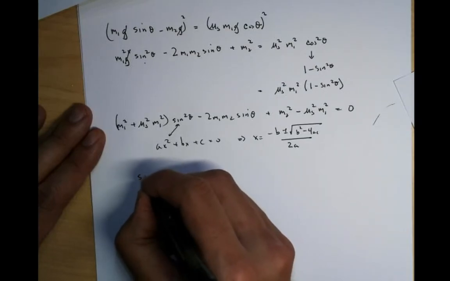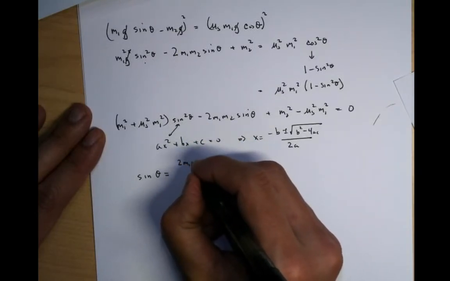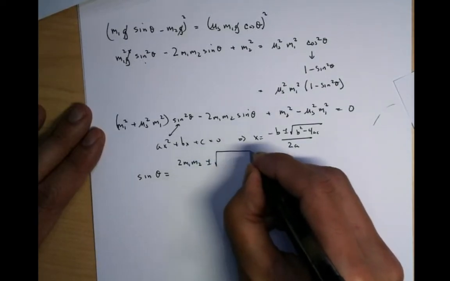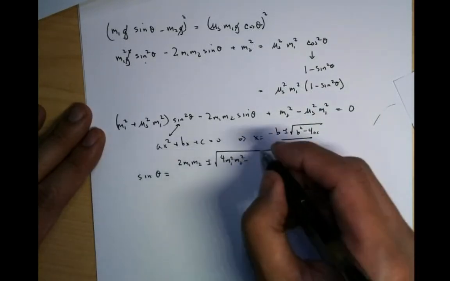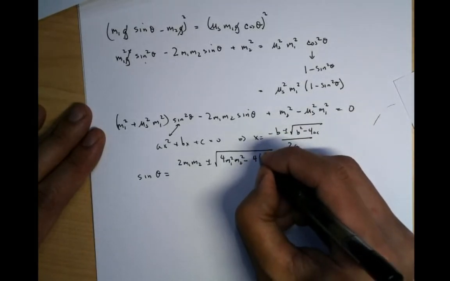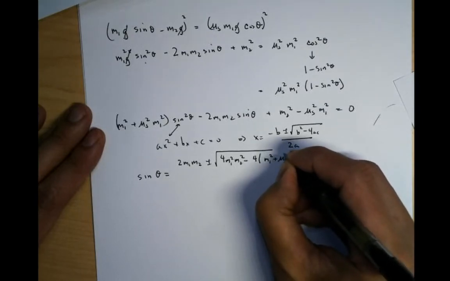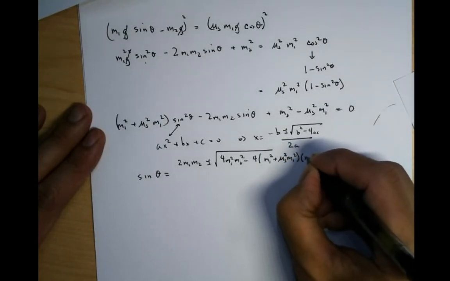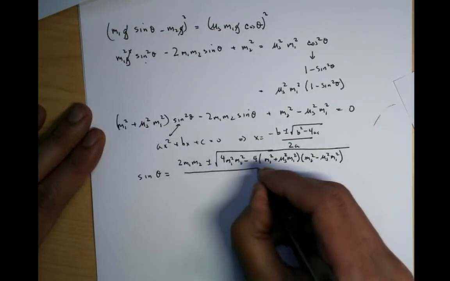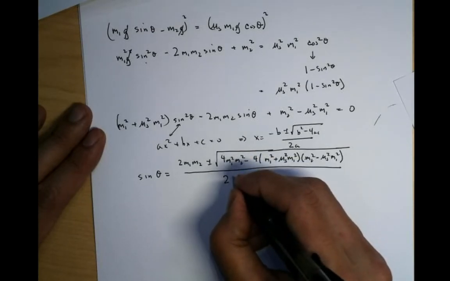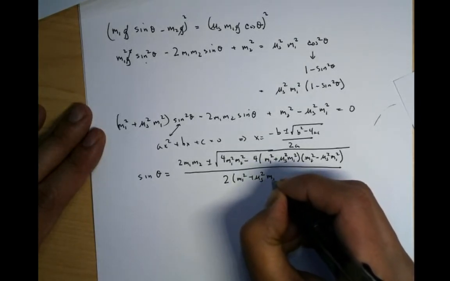So sine of theta is equal to minus b, that's minus minus, that's 2 m1 m2, plus or minus the square root of b squared, which is 4 m1 squared m2 squared, minus 4ac, so it's 4 times something, unfortunately it has to be nasty, so m1 squared plus mu sub s squared m1 squared, times m2 squared minus mu sub s squared m1 squared, divided by 2 times a, 2 times m1 squared plus mu sub s squared m1 squared again.